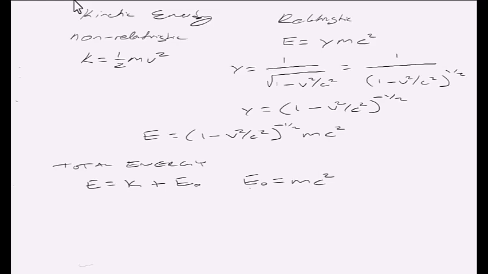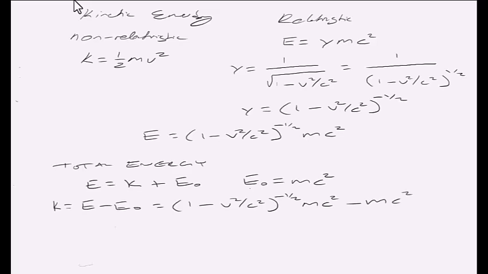Therefore, the kinetic energy from this equation is given by E minus E0, which is equal to 1 minus v squared over c squared to the power of -1/2 mc squared minus mc squared.